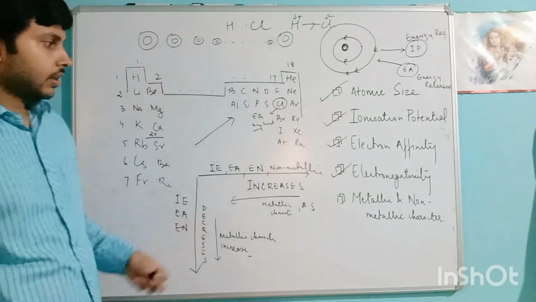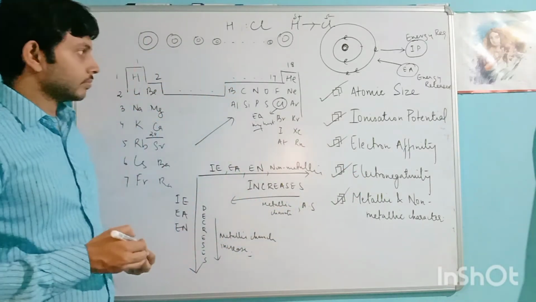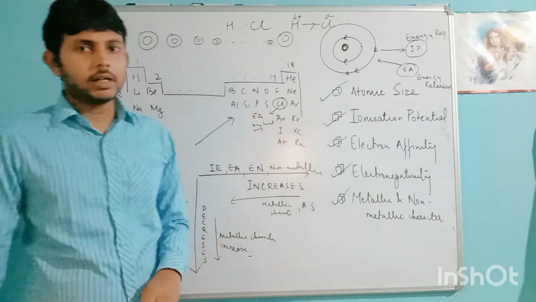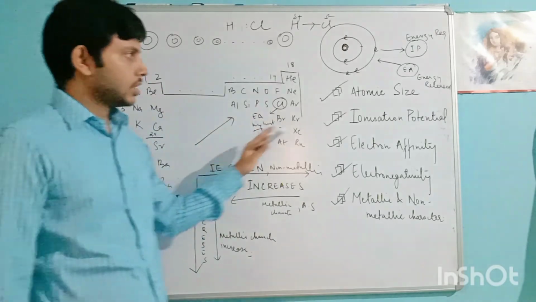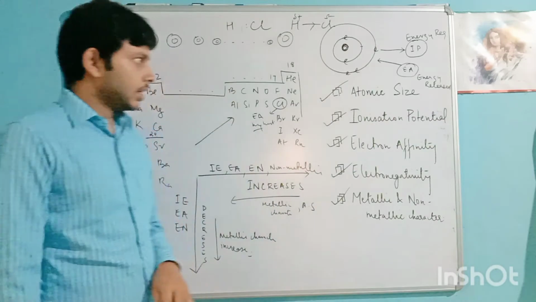Okay. So now what type of question comes in exam? Some elements will be given, they will be jumbled, and you have to write the order in which ionization potential increases or atomic size increases.